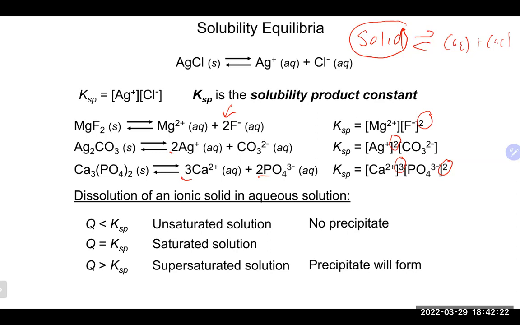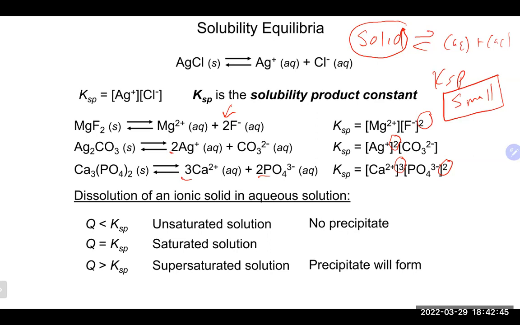Now, when we look at KSP, because they are typically for insoluble things, KSP values are historically super small. That makes sense, because a small K value means we mainly have reactants at equilibrium.